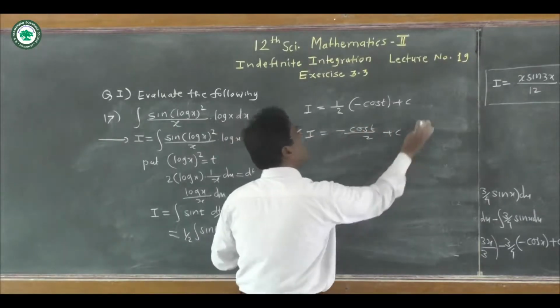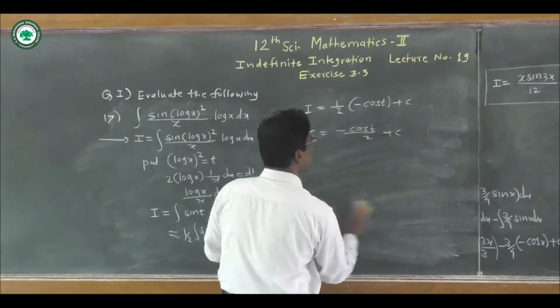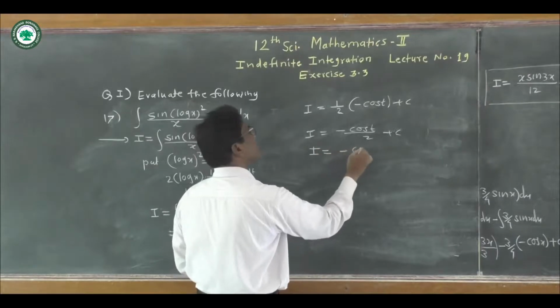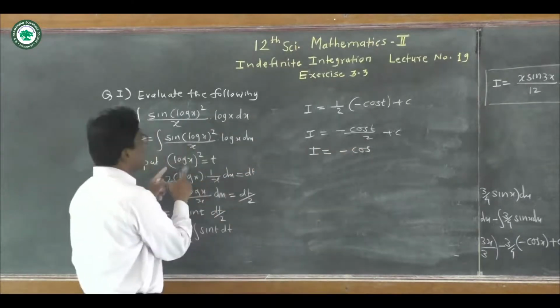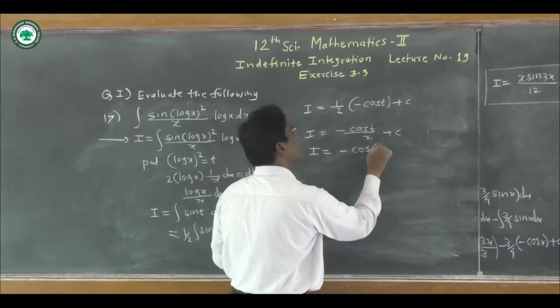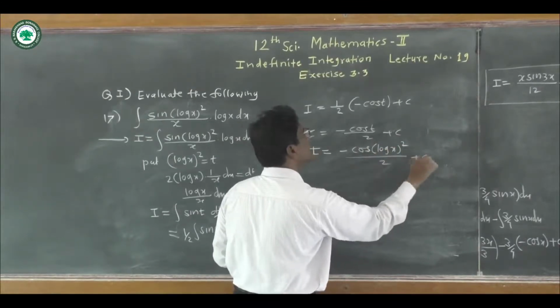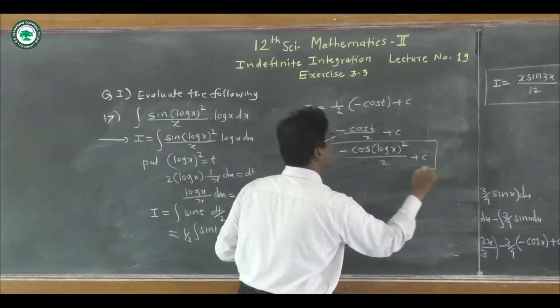Get it? And now finally put the value of t, so I is equal to minus cos of log x bracket square upon 2 plus the constant of integration. This is the final solution.